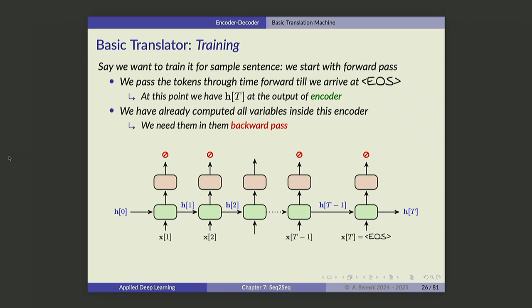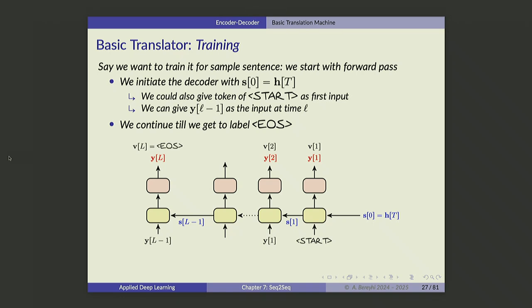Now, if you want to do the training, obviously you're going to do it all together. So you start with your German sentence, you give it as the input, you process it, you get your last hidden feature. You give that hidden state as the initial hidden state of your decoder. Again, you process it till you get the output. And once you got the output, you look at the English translation, which you have inside your data set, and you minimize the cross entropy between the tokens at the output and the tokens inside your data set.